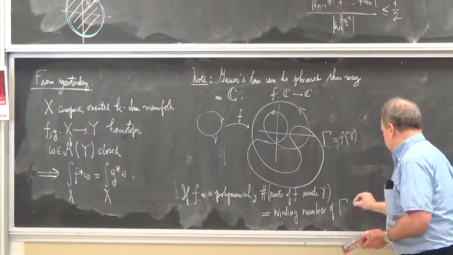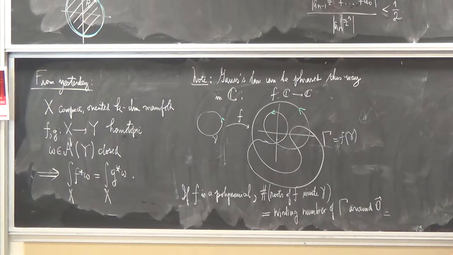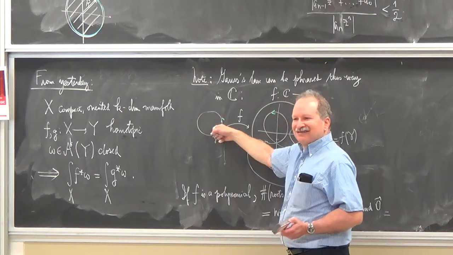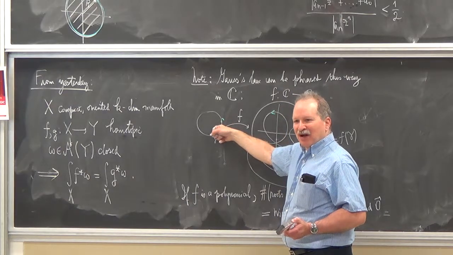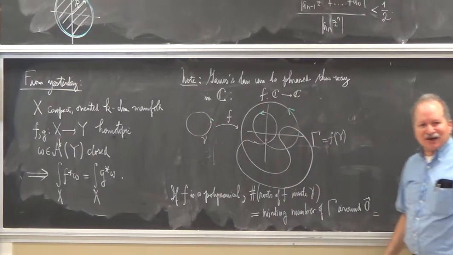Winding number around 0. Winds around 2 times. So that tells you that there had to be 2 roots of the polynomial inside gamma. Do you see why it's like Gauss's law?